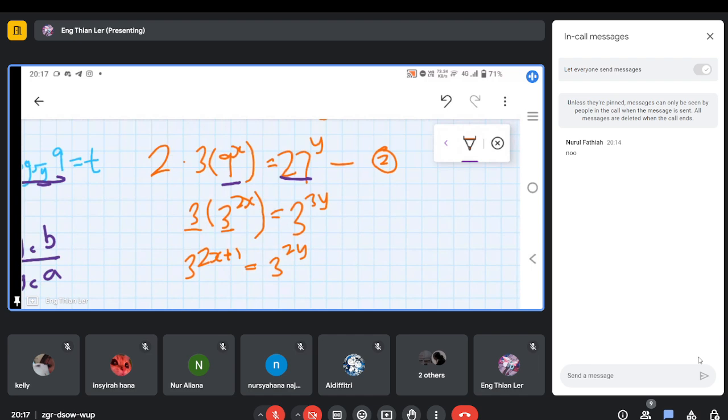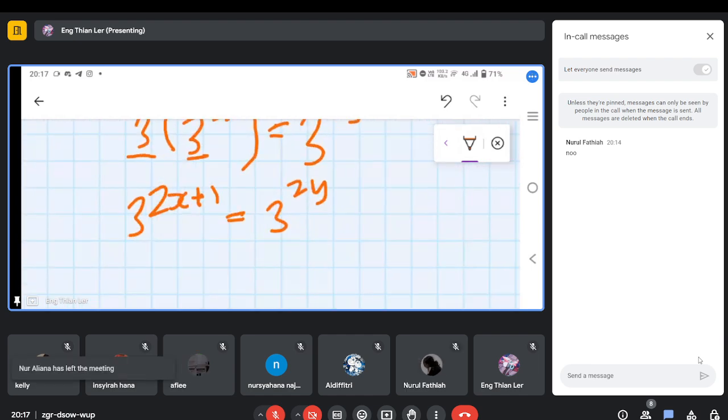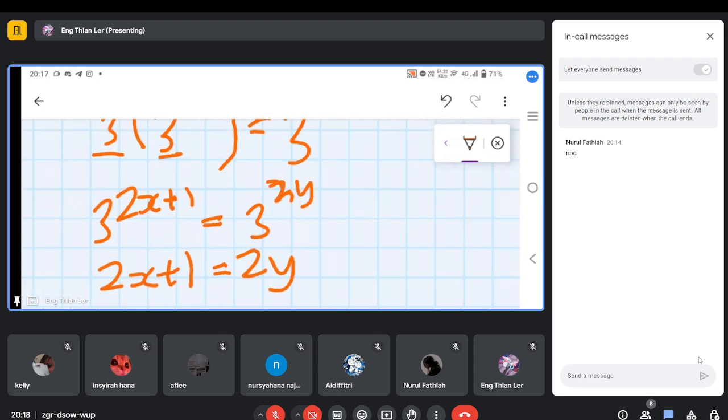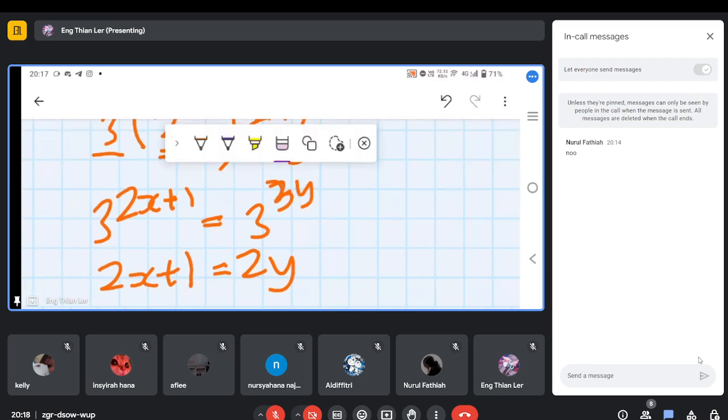So now we just simplify the second equation. From here we can get 2x plus 1 equal to 3y. So this becomes 3y.